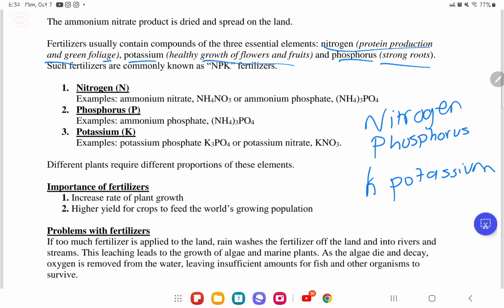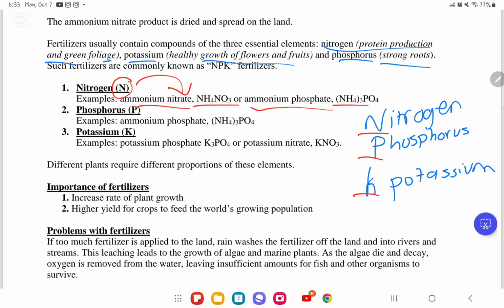Now, we don't have all of them. Not everything that contains nitrogen, phosphorus, and potassium are fertilizers. No, they are specific. We have NH4NO3. Remember, it's called ammonium nitrate, NH4NO3, or ammonium phosphate, which is (NH4)3PO4. These are examples of nitrogen or nitrogenous fertilizers.